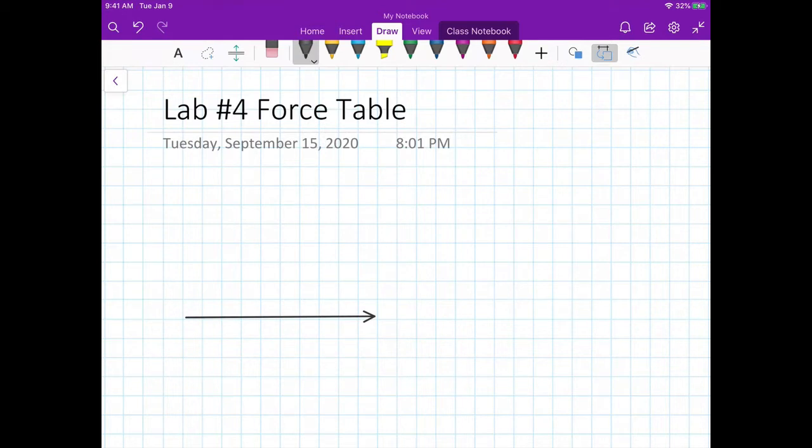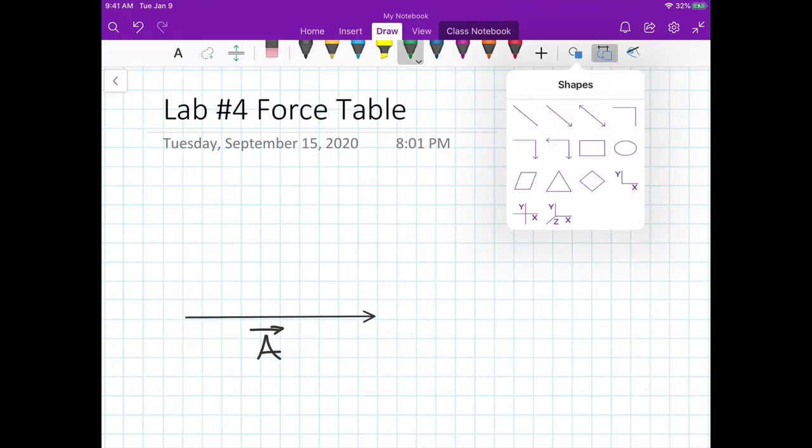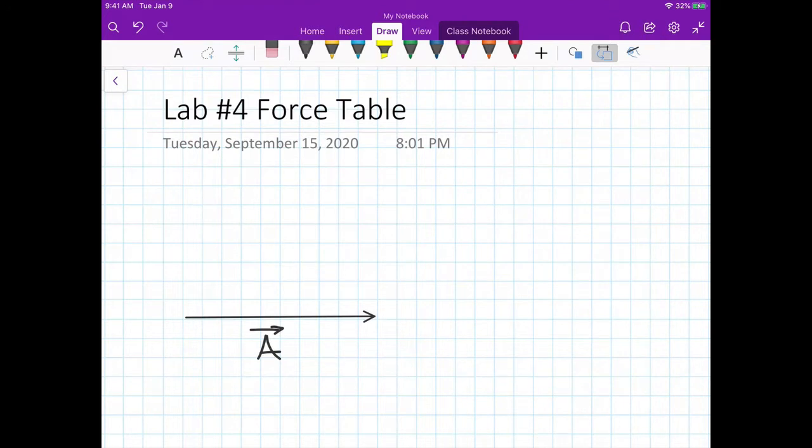So let's assume that you have vector A, something like this, and vectors are represented mostly by a bold letter and an arrow overhead. Let's say you have another vector, and let me use a different color, vector B. Rather, let me change the direction of vector B, so say vector B is something like this.